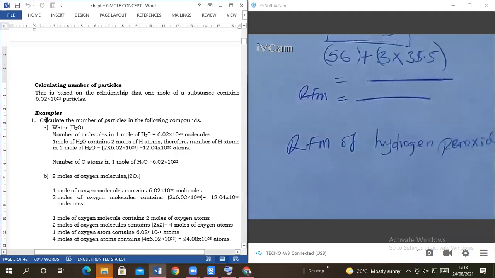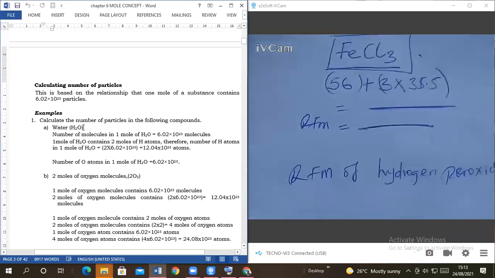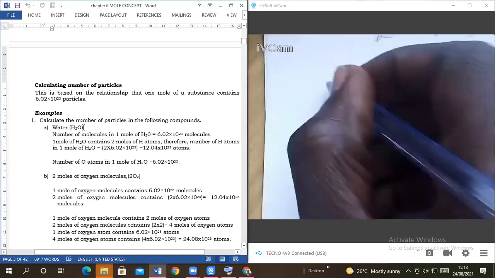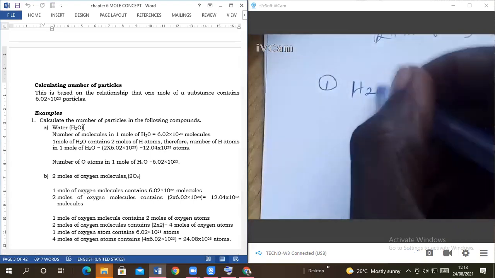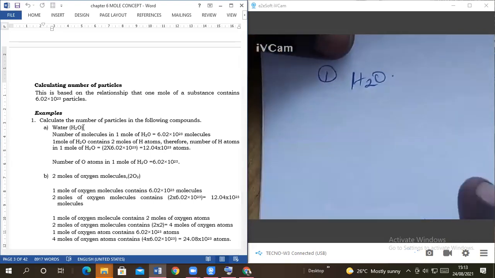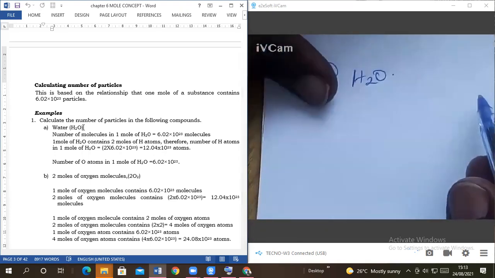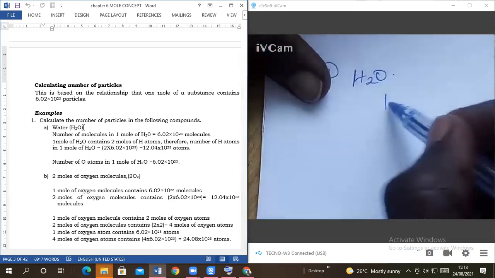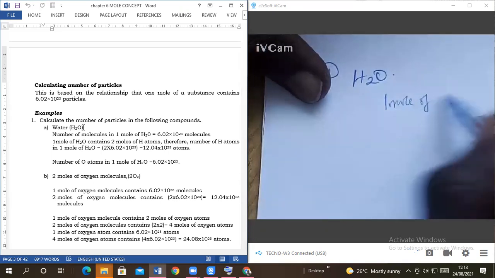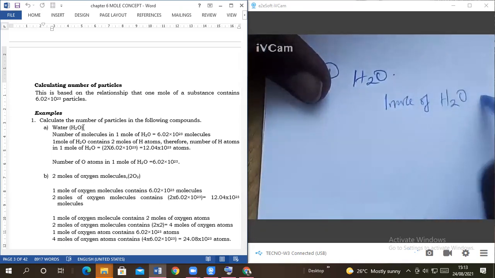Now, examples: calculate the number of particles in the following. Number 1 is water. We shall say in water, we have only 1 mole. 1 mole of water, this is the one for the molecule, is equal to 6.02 times 10 to the power 23 particles.